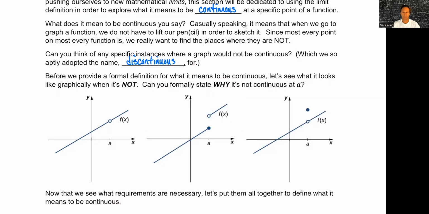So as you can see, I've given you 3 different versions of just a line, one that's broken up by what is called a hole. So again, continuous, continuous, continuous, but then I have to pick up my pen and then continue drawing. So that's no good at that value. Any value where we have a hole is discontinuous.